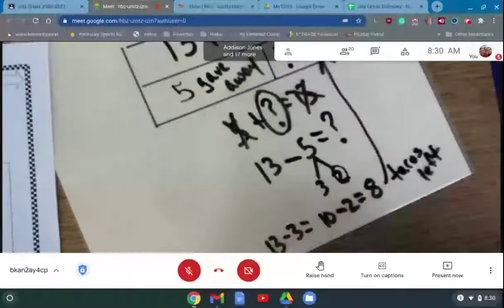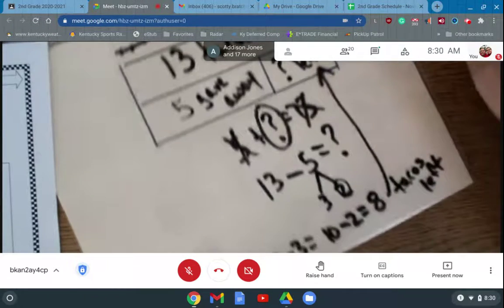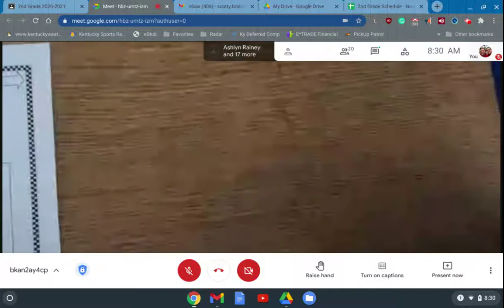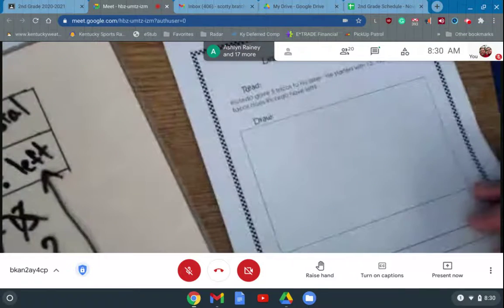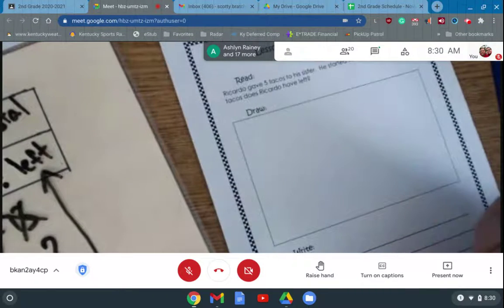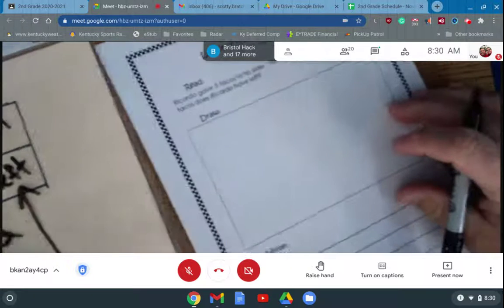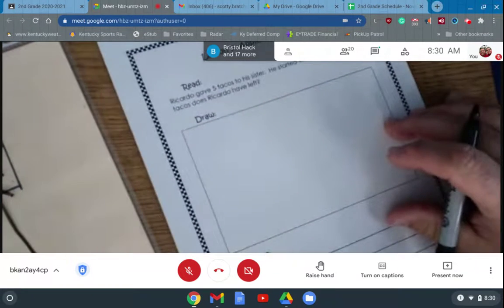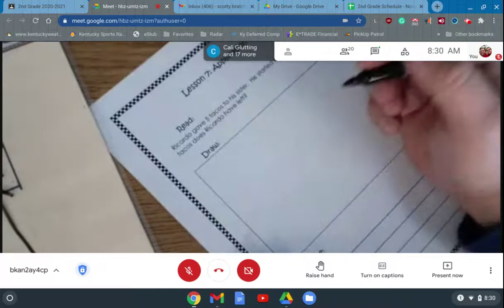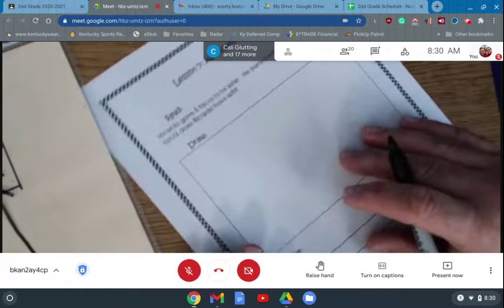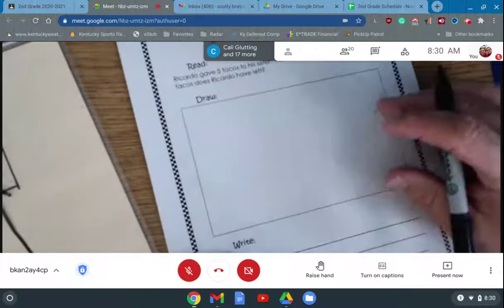Now, remember, this was a subtraction problem. Our brain really doesn't like subtraction that well. So I'm going to write it on our paper here. I'm going to draw it, just like if you were at school and I gave you this paper, this is what I would want you to do.